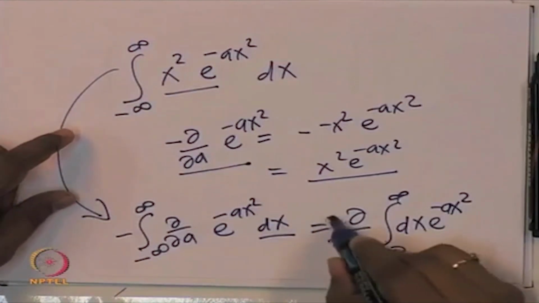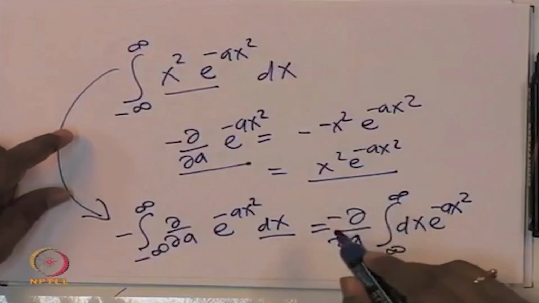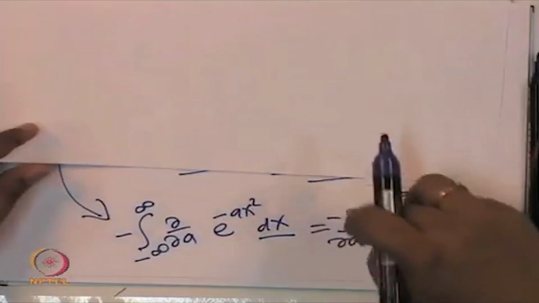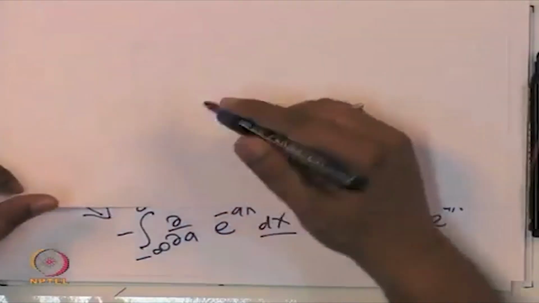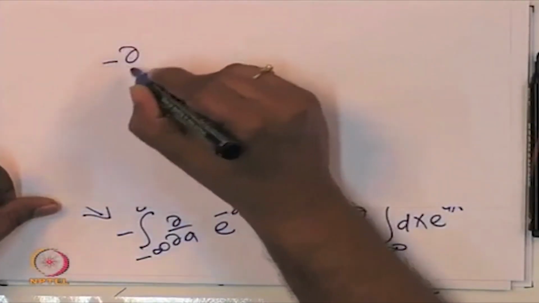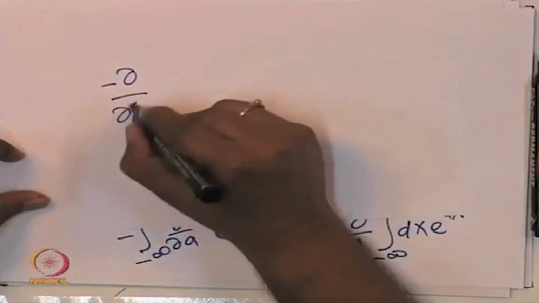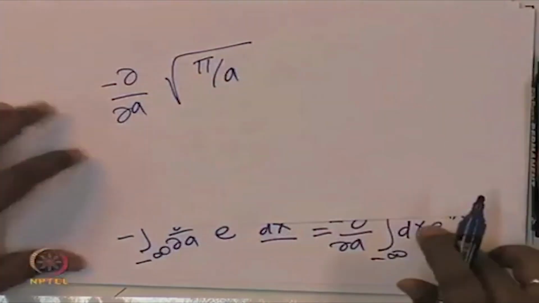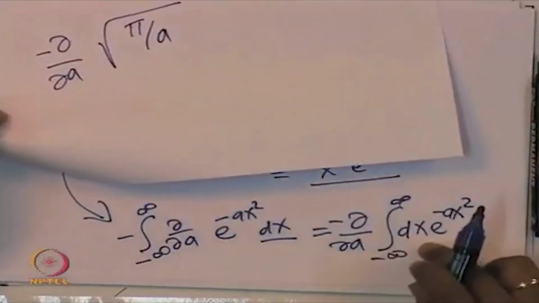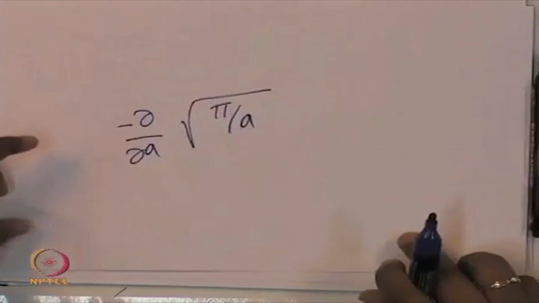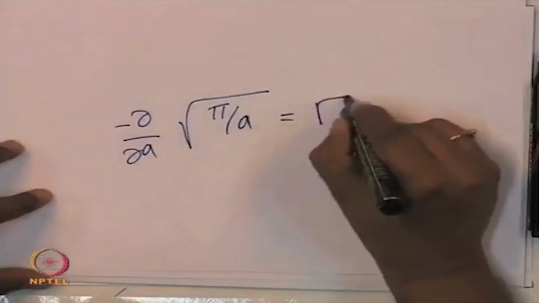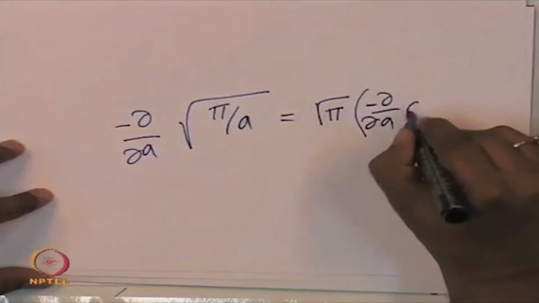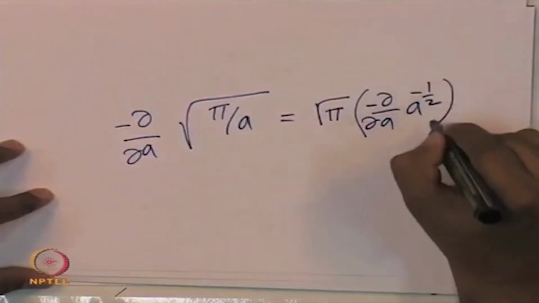So, we have to just find the derivative of root of pi by a. What we finally need to do is find minus del by del a of root of pi by a. This is all we have to do to get this particular integral. So, this is basically root of pi into minus del by del a of a power minus half.